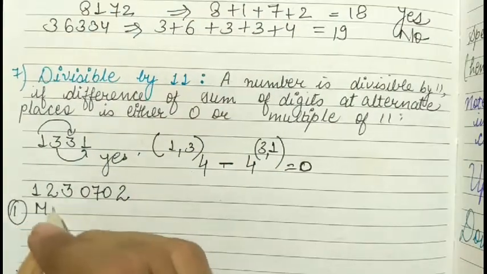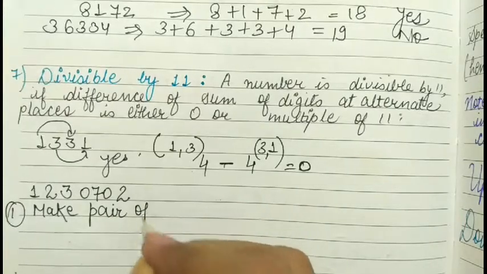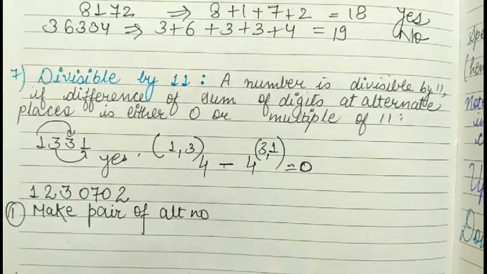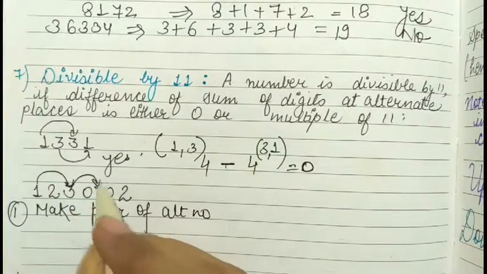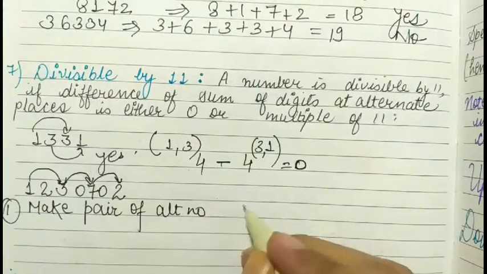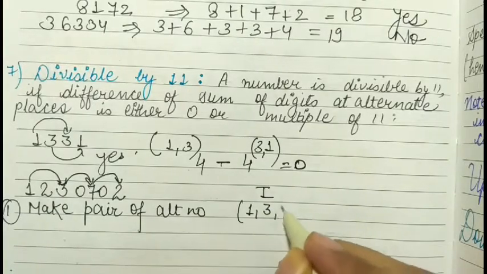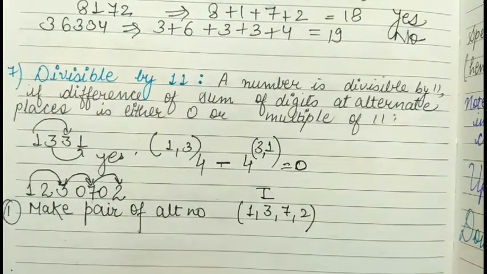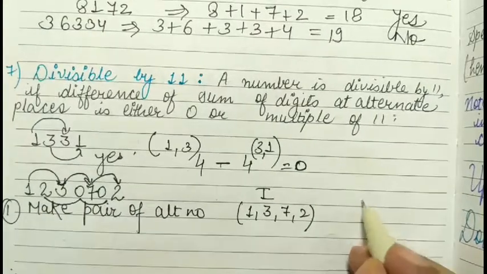Next, make pairs of alternate numbers. 1, 3, 1, then 3 and 7, 7 and 2. My first pair will be of 1, 3, 7 and 2. Next start with 2, 2, 0, again 0.